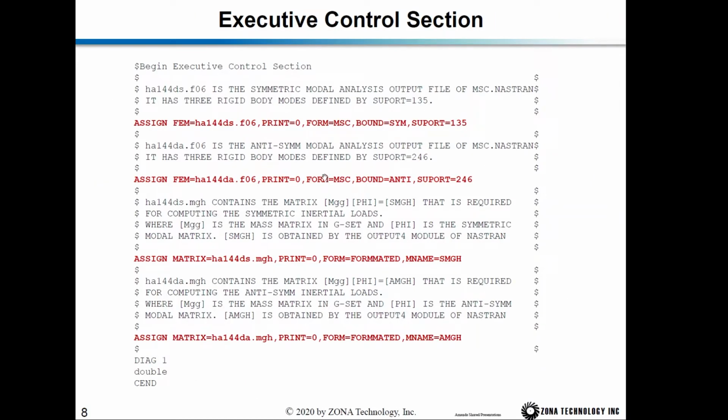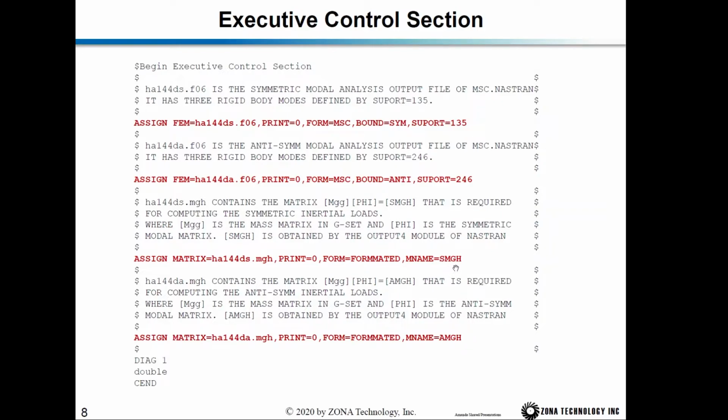Because we are going to do an asymmetric trim, and we only have a half-span model, we need to import the symmetric modes and the anti-symmetric modes. This symmetric mode has three rigid body modes, which are 1, 3, 5. The anti-symmetric mode also has three rigid body modes. Then we import the so-called SMGH and AMGH matrices.